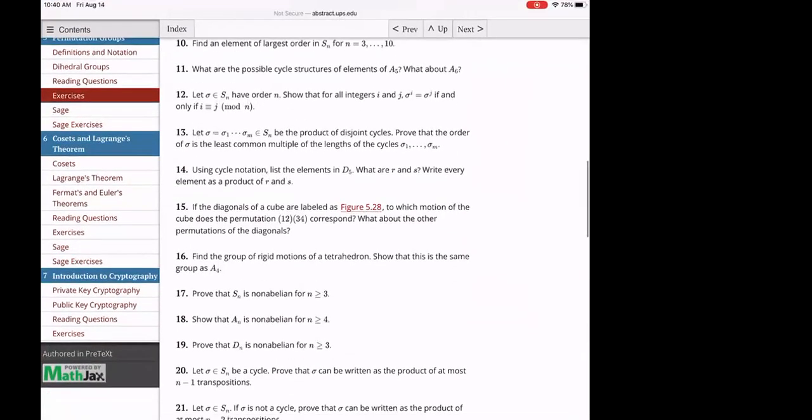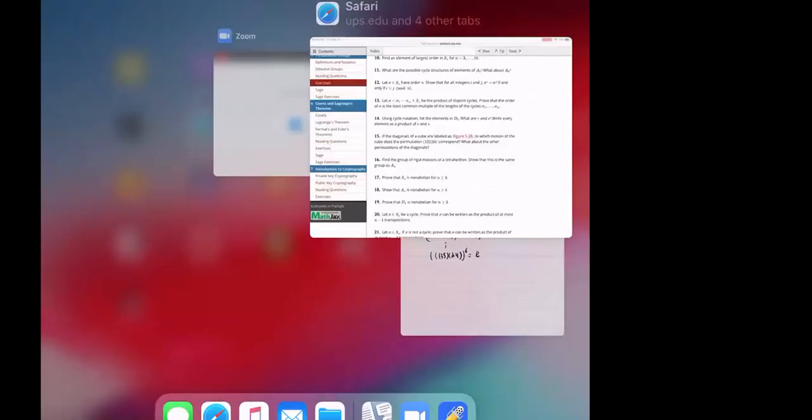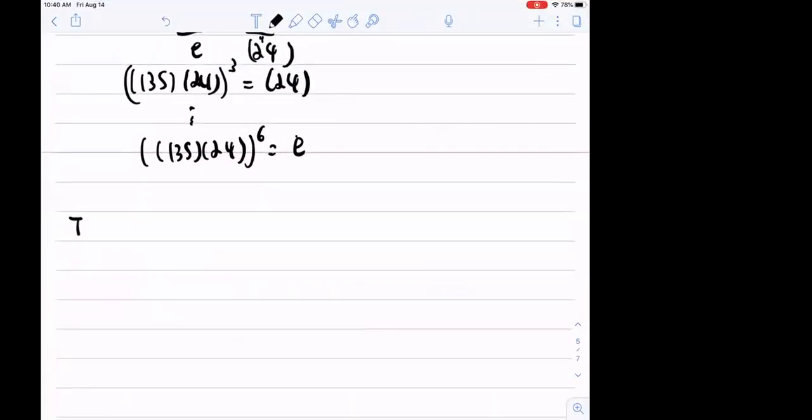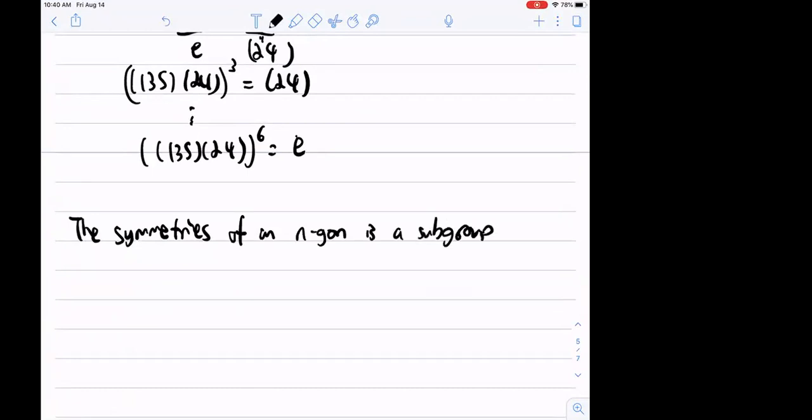Oh, right. I forgot. The symmetries of an n-gon form a subgroup. You can see it forms a subgroup of Sn.